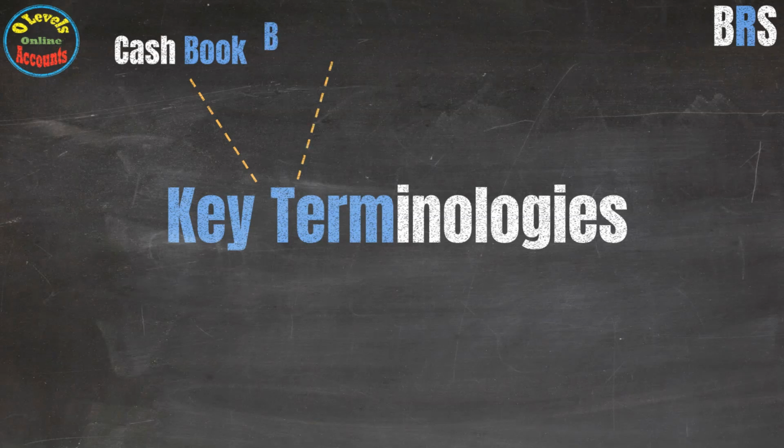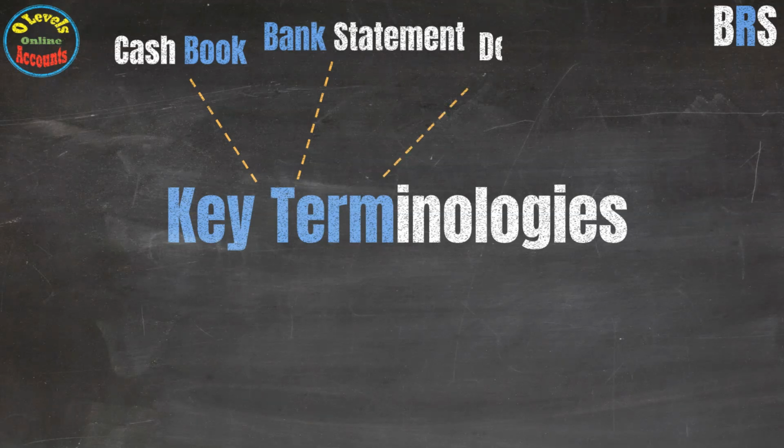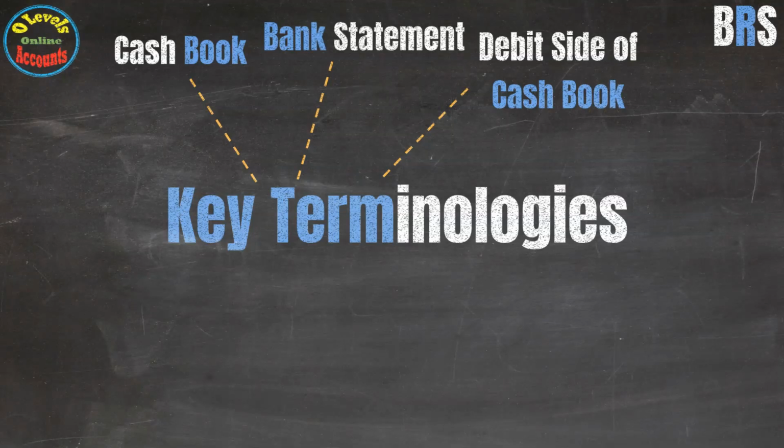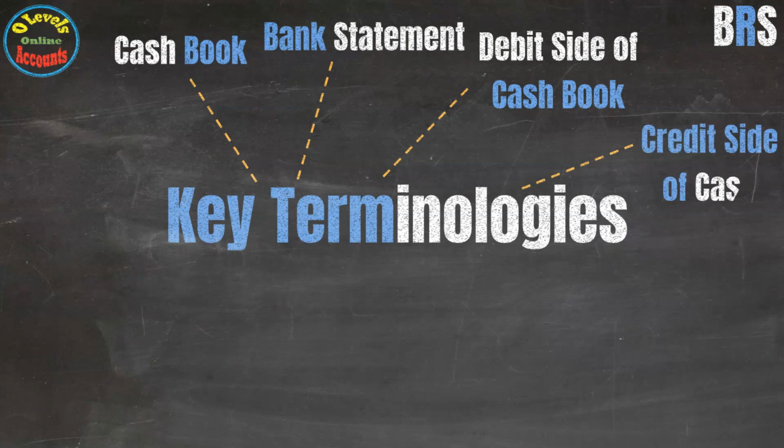The next terminology is bank statement, a document issued by the bank that lists all transactions in the business's bank account over a certain period. The next terminology is debit side of cash book. It records all deposits or inflows into the bank account of the company. The next terminology is credit side of cash book. It records all payments or outflows made from the company's bank account.